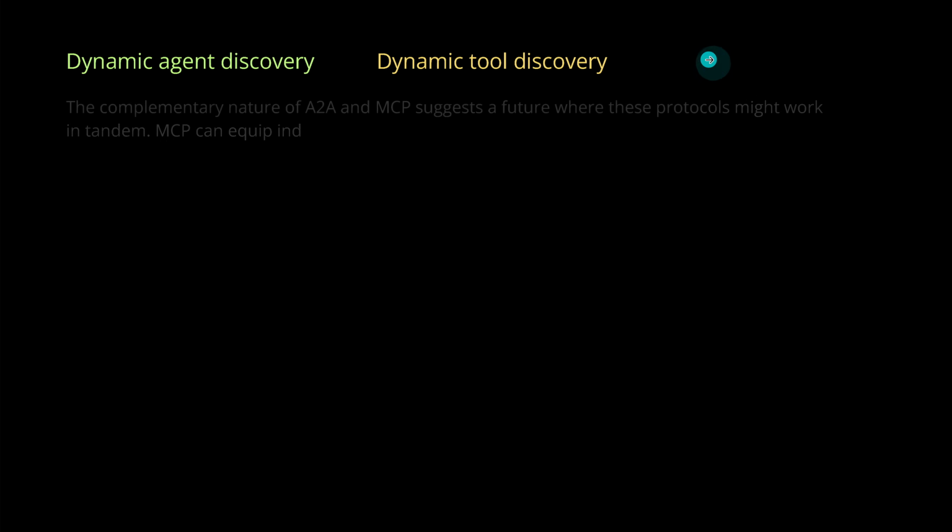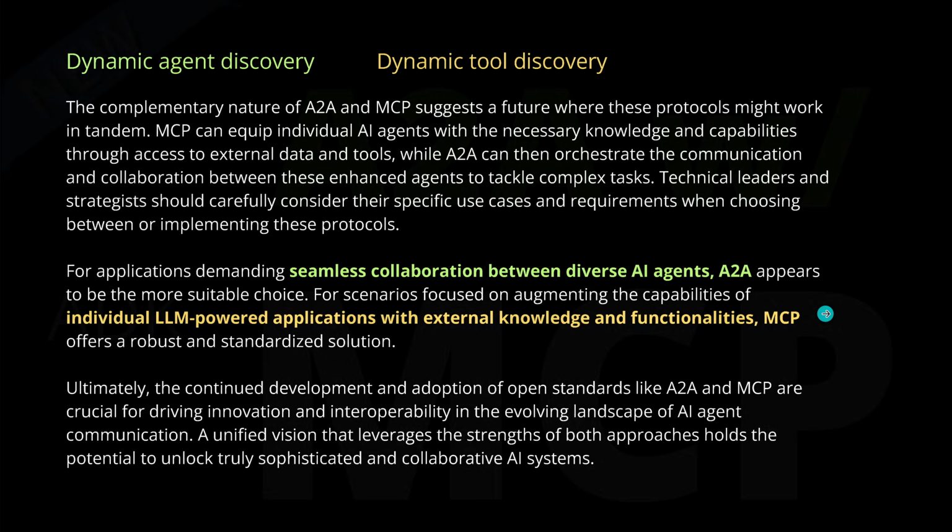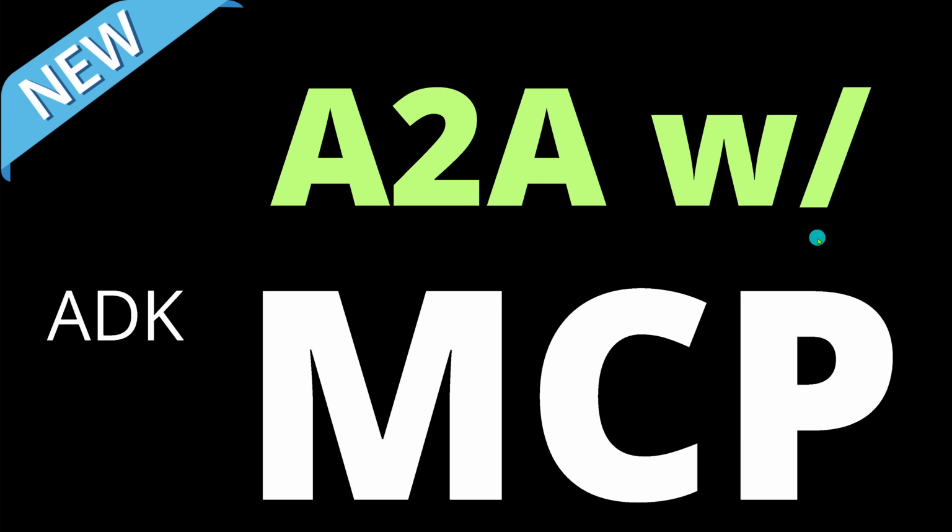What I like is this dynamic agent discovery and the dynamic tool discovery by the new Google framework. This is so great, and it is compatible to the old MCP protocol. Isn't this fantastic? Seamless integration between diverse A2A agents, beautiful, and individual LLM-powered application with external knowledge, MCP. Great, it works. So I hope this is it.